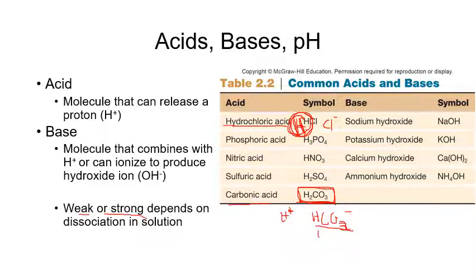Hydrochloric acid would be a strong acid because all of these hydrochloric acid molecules donate a proton, hydrogen ion, whereas carbonic acid is considered a weak acid since only a small or certain amount will donate.